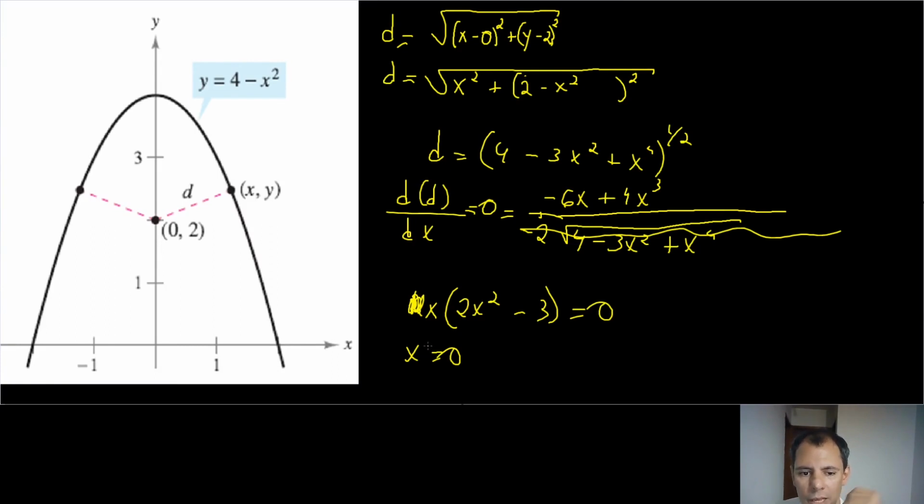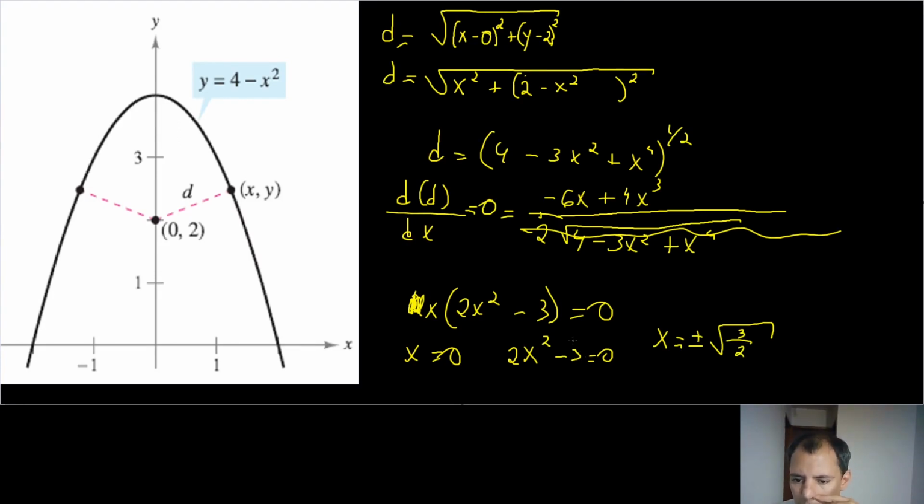And you got another one, which is 2x squared minus 3 equals 0. That means that x equals plus or minus the square root of 3 divided by 2.